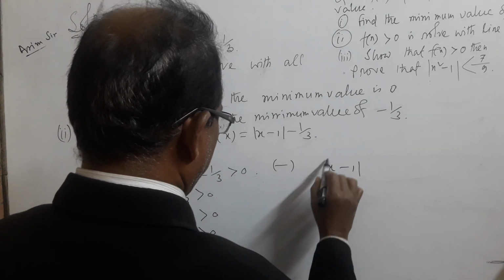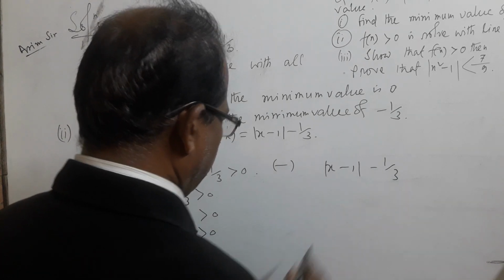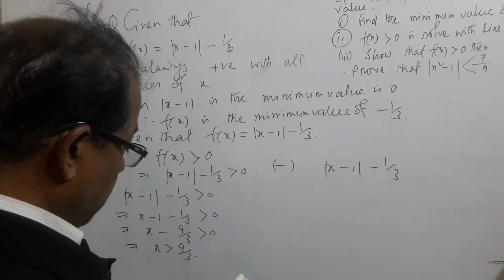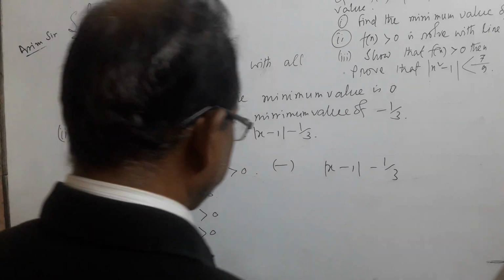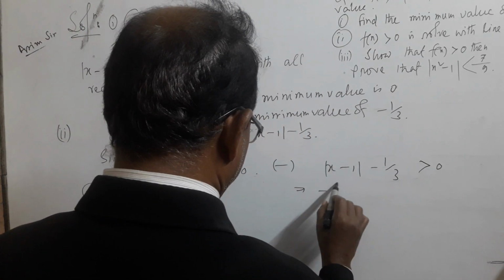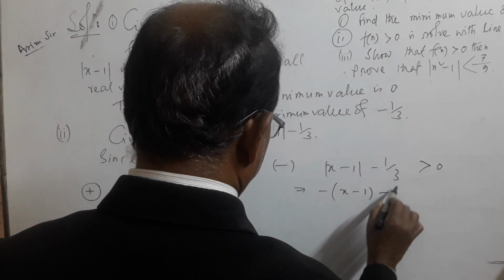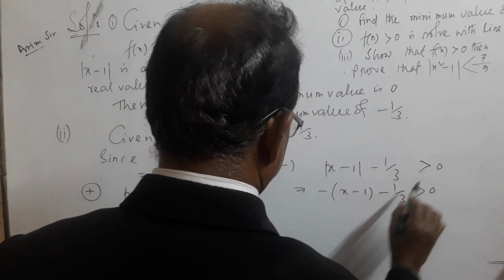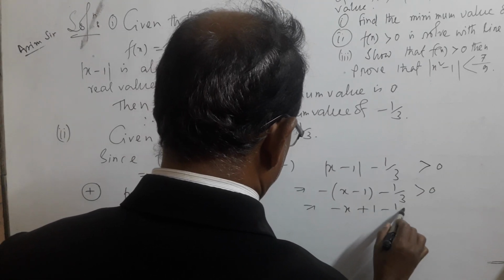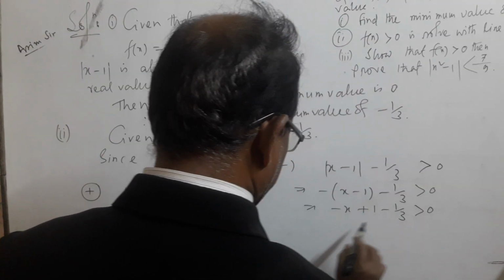And the negative sense is modulus x minus 1 minus 1 divided by 3 is greater than 0. So that's why minus of x minus 1, minus 1 by 3 is greater than 0. So that implies minus x plus 1 minus 1/3 is greater than 0.